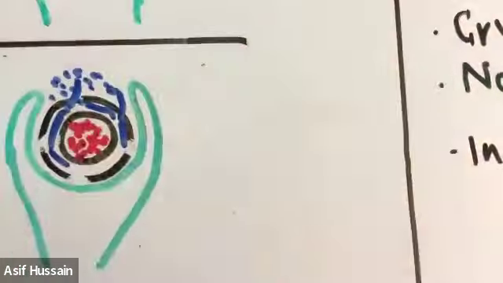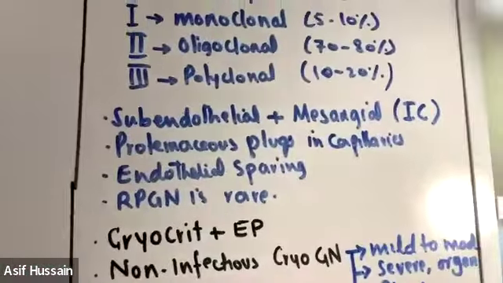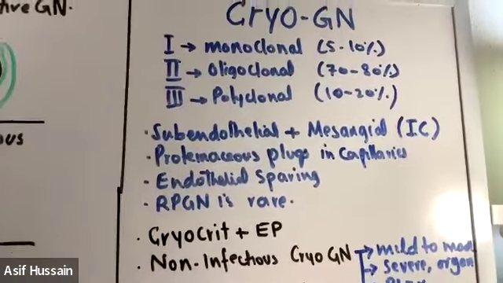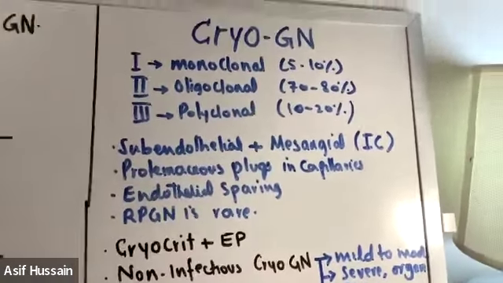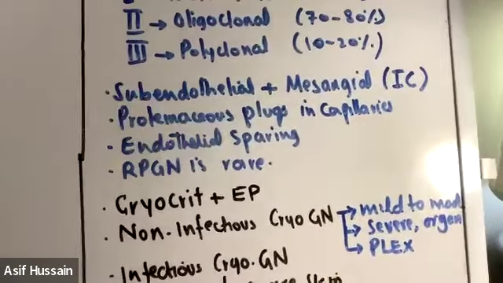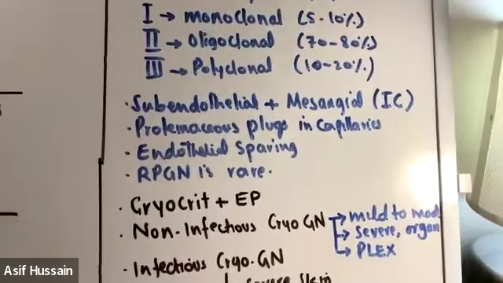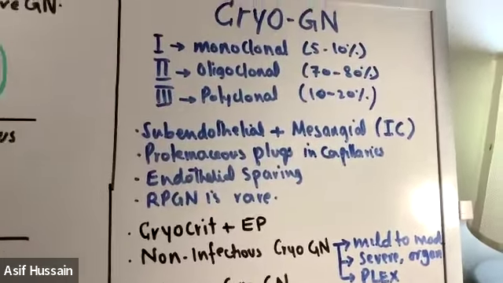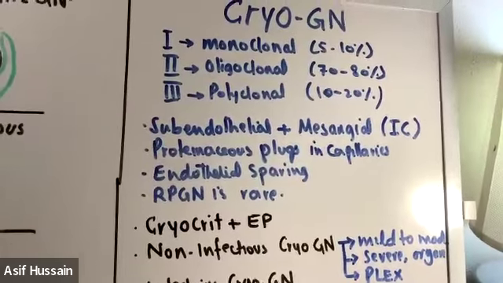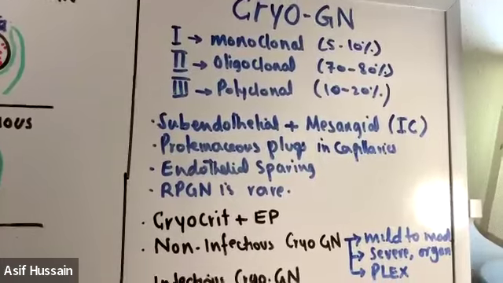Another important feature which helps to differentiate cryoglobulinemic vasculitis, cryoglobulinemic GN, from other proliferative GN is that, for unknown reason, cryoglobulinemic deposition and inflammation usually spares the capillary endothelium.